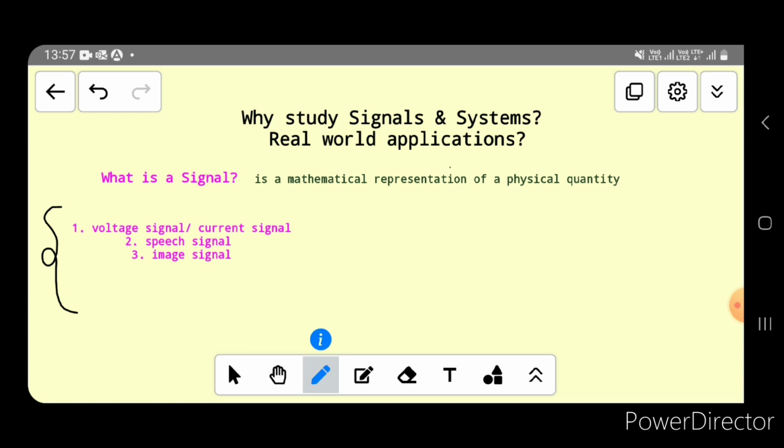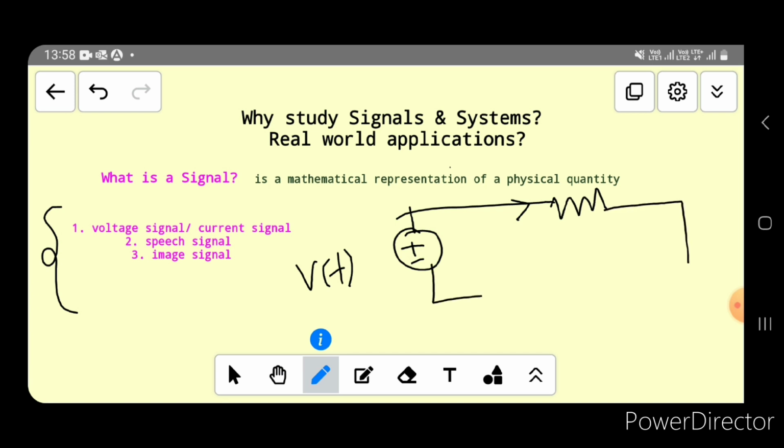To explain this, let's take a small diagram. Our traditional voltage current circuit. This is the voltage V(t). Now this is the resistor R. The current I(t) flows through it.